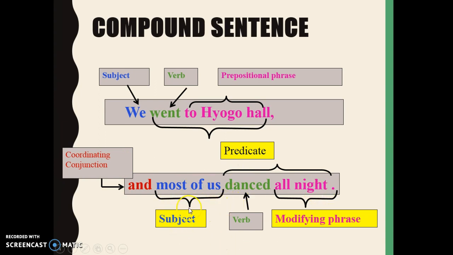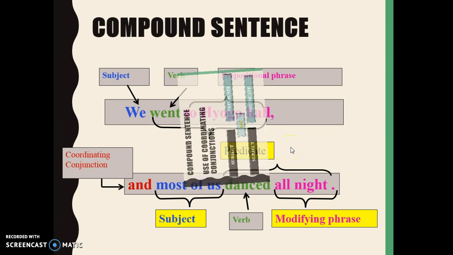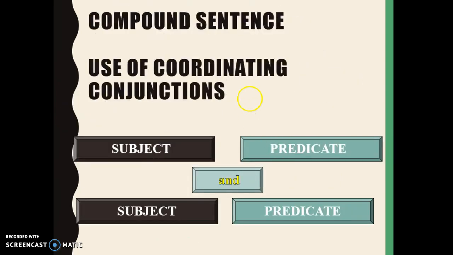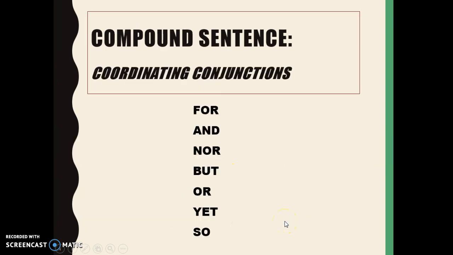Alright, so how do we identify whether it is a compound sentence or not? We know that there is a combination of independent clauses. Okay? Compound sentences use coordinating conjunctions, meaning that two simple sentences are combined: subject predicate plus and subject predicate.